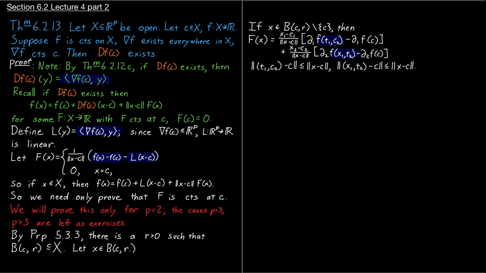We don't know much about them, but we know that they are also in the ball, and that, in fact, they're closer to c than x is. So now we're going to show that F is continuous at c.